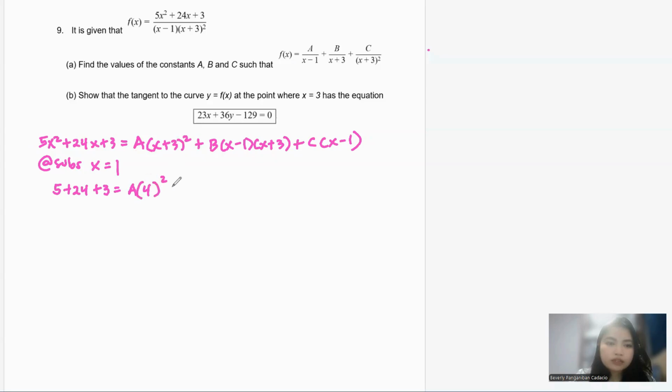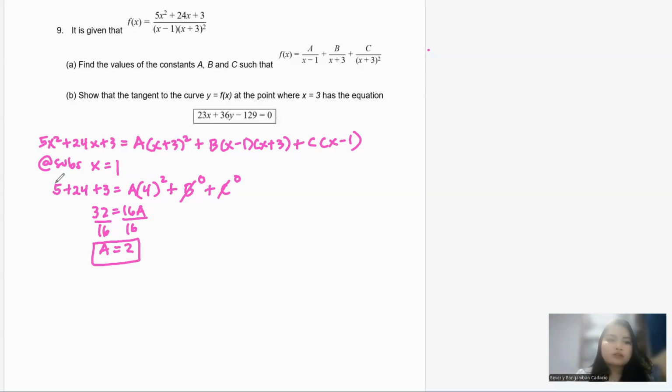Hopefully you can follow, guys, even if I'm not putting the step-by-step here. And then the B, there's x minus 1, of course, that will be 0. And the C will be 0, yeah? So, of course, 5 plus 24 plus 3, that left side will be a total of 32. And the other side will be 16A. Divide both sides by 16. Therefore, your A will be equivalent to 2.